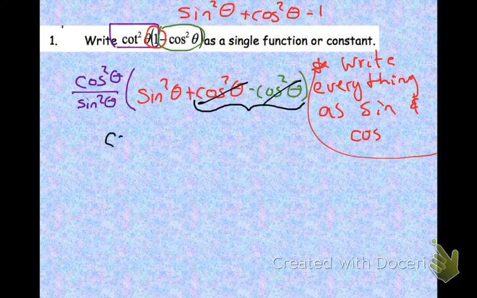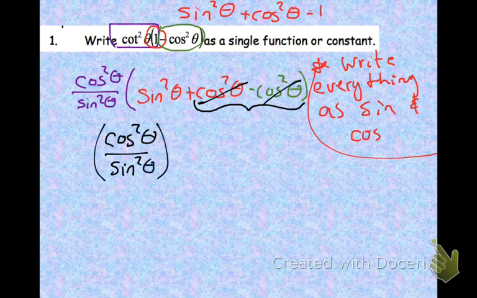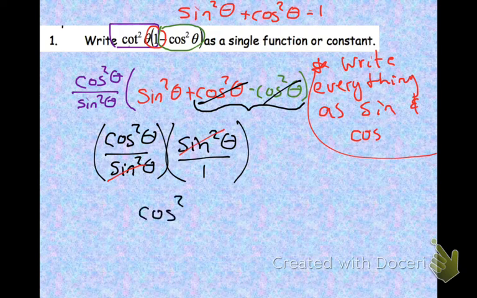So we have cos squared theta over sine squared theta times sine squared theta. You could write that over 1 if you wanted to, but now you should be able to see that the sine squared and the sine squared are going to cancel, and we're left with just cosine squared theta, which is actually our final answer, because we have written it as a single function all by itself there.